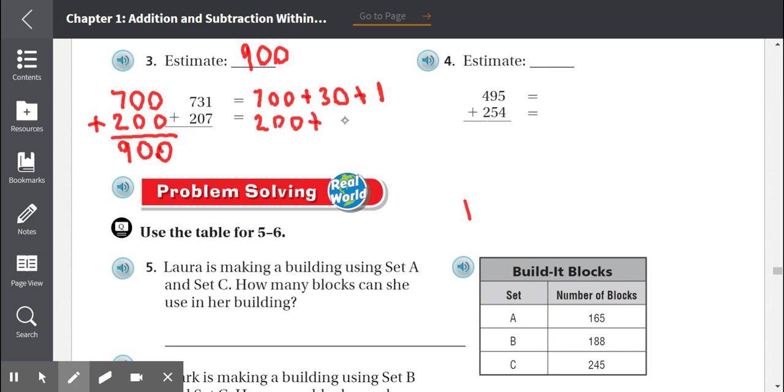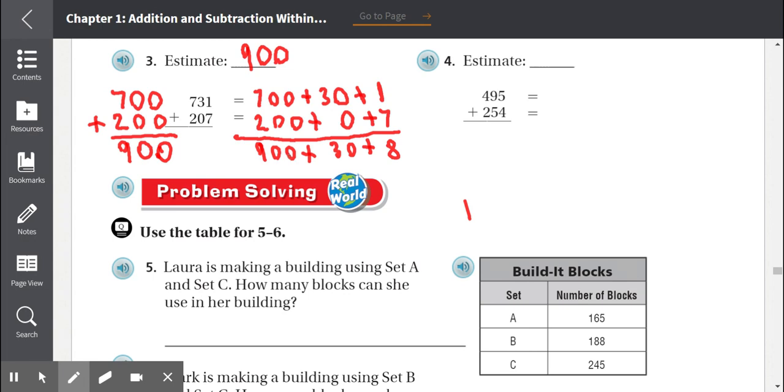We have 0 tens. And we have 7 ones. So now let's add that together. 1 plus 7 is 8. 30 plus 0 is 30. 700 plus 200 is 900.